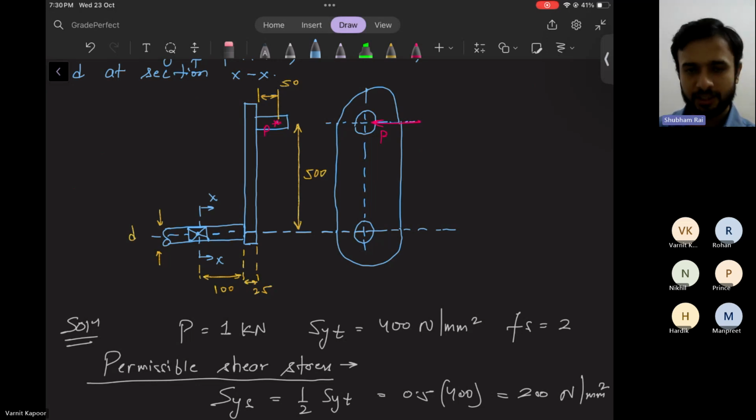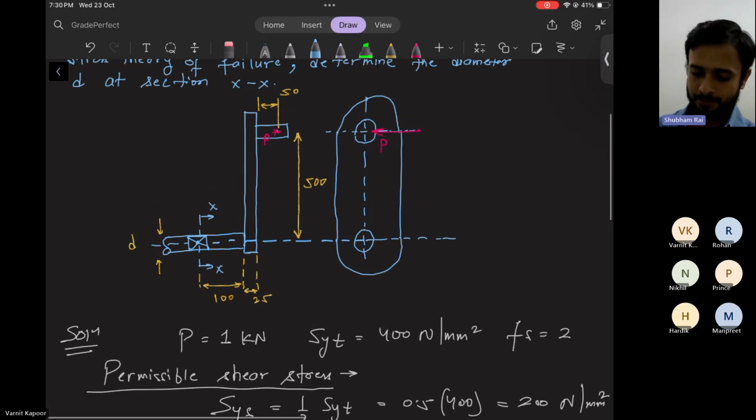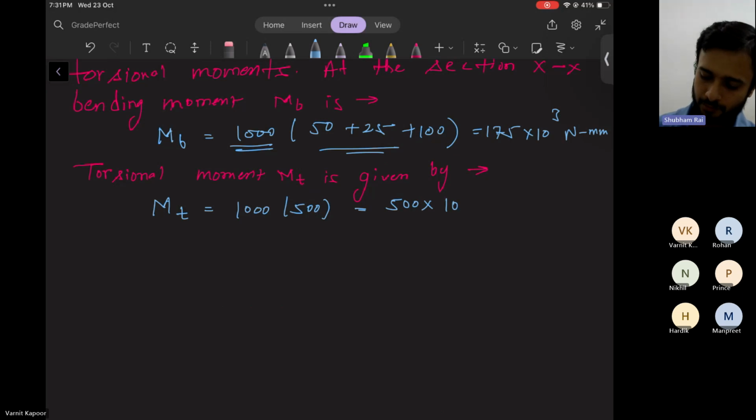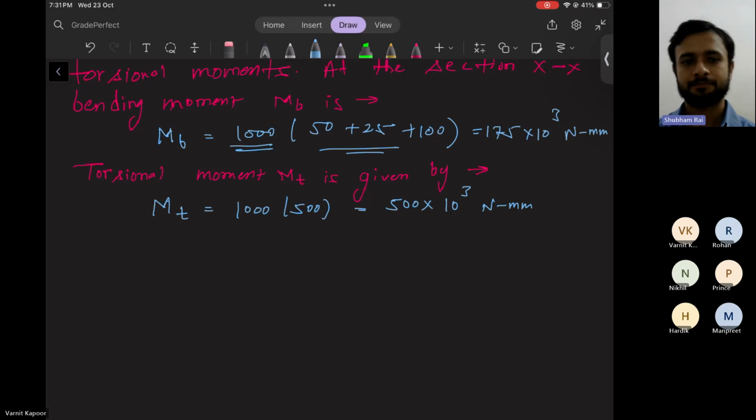So that is 500, right? So P into 500 will be the amount of torsion. So MT will be 1,000 times 500. You can simply write 500 times 10 raised to the power 3 Newton mm, okay.